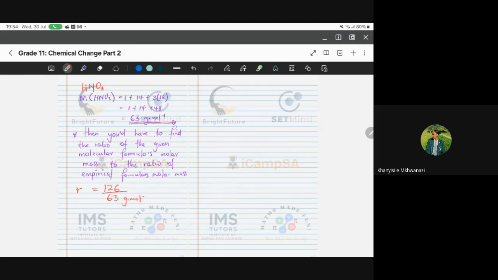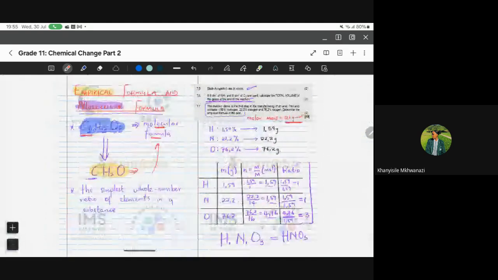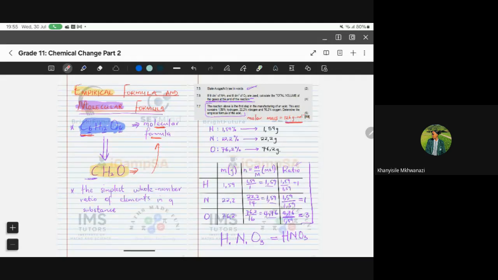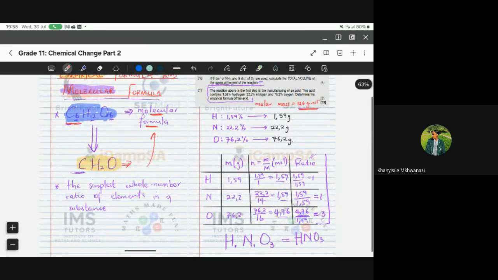This should give you 2. So this is the ratio of the molar mass of the molecular formula to the molar mass of the empirical formula.